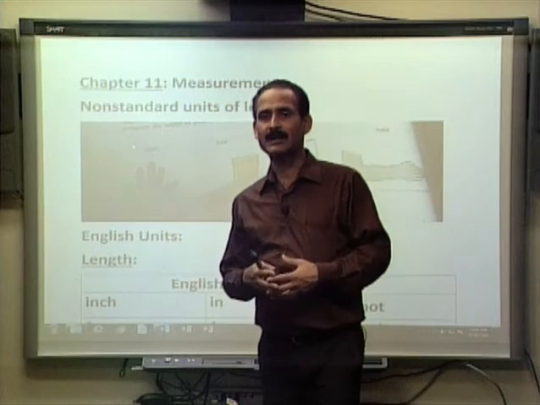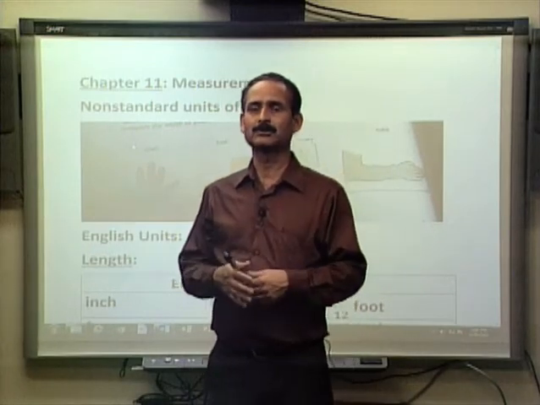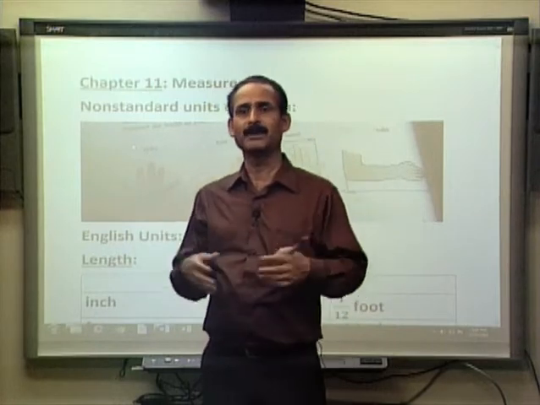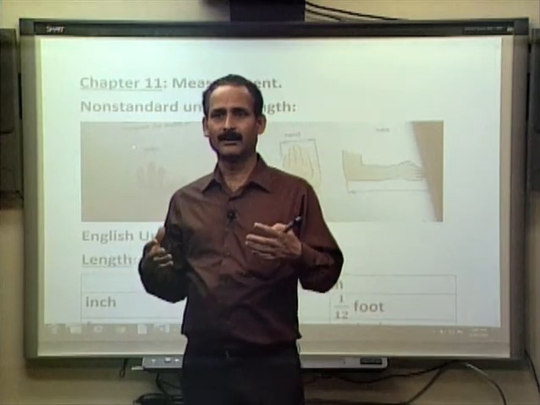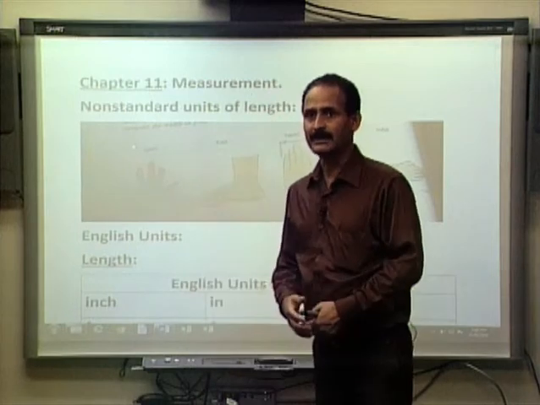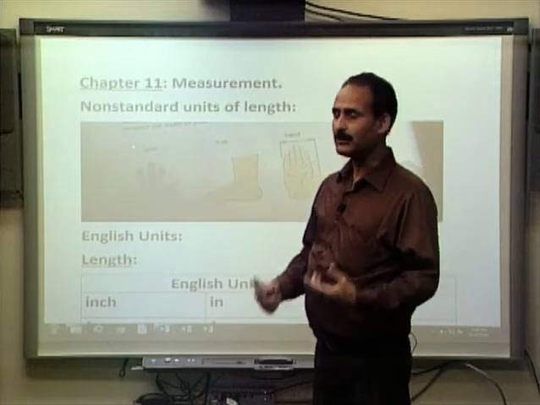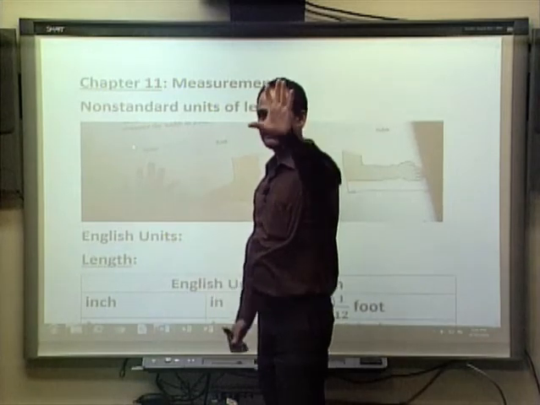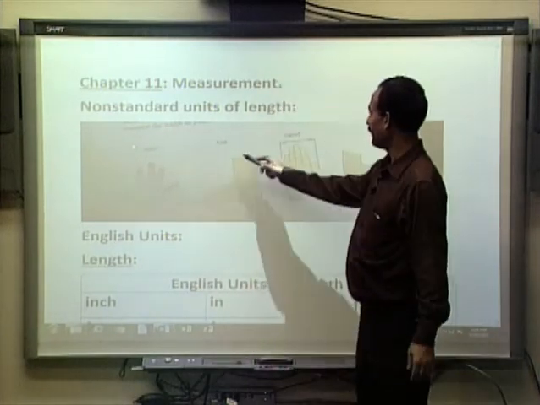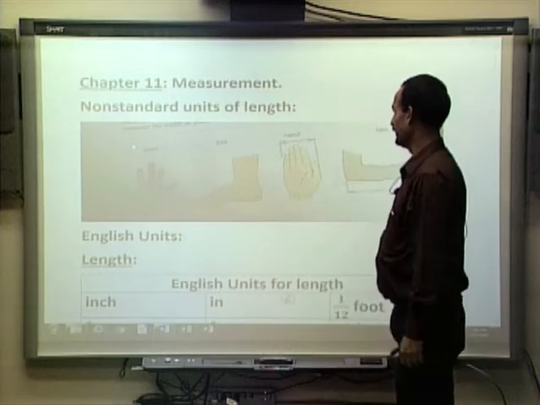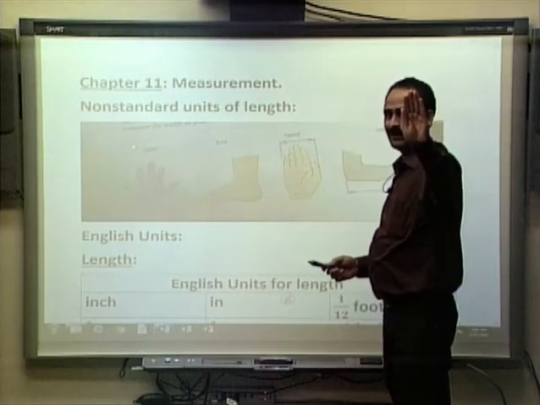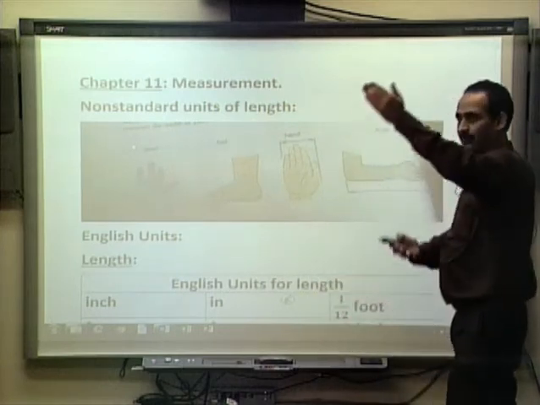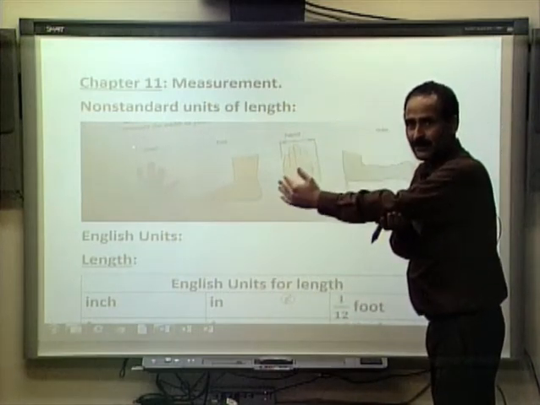Non-standard units basically refer to traditional cultural methods of measuring quantities. For example, non-standard units of length will be a span coming from the hand, a foot refers to the foot, a hand, so this much is a hand long, and maybe a cubit this much long.